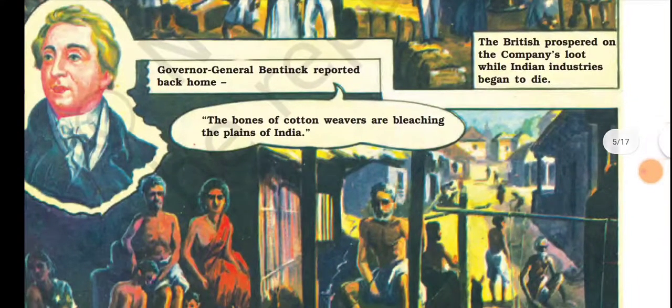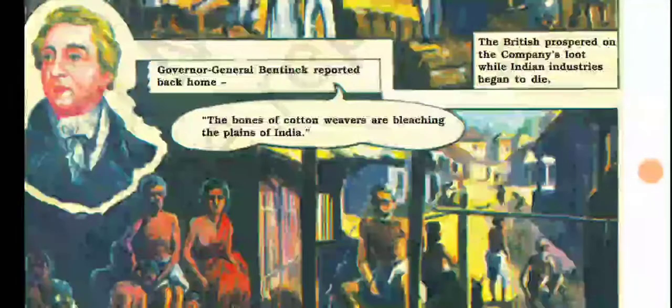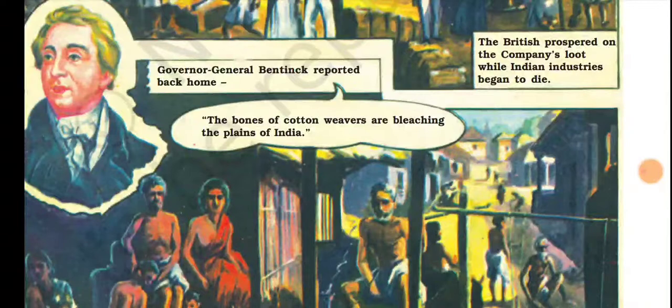You see that Governor General Lord William Bentinck reported back home, means he reported to the British authorities in England, that the British prospered on the company's loot while Indian industries began to die.